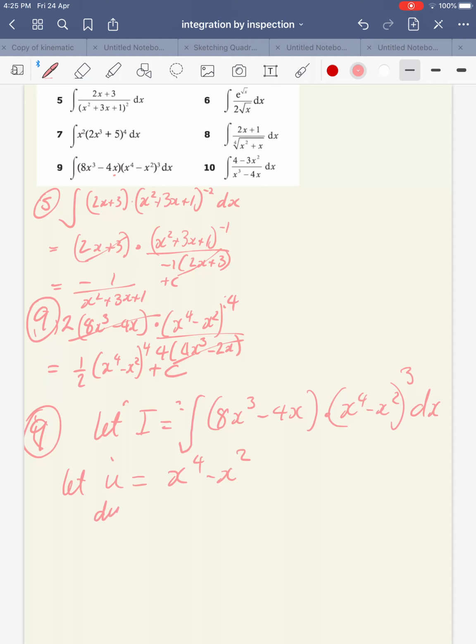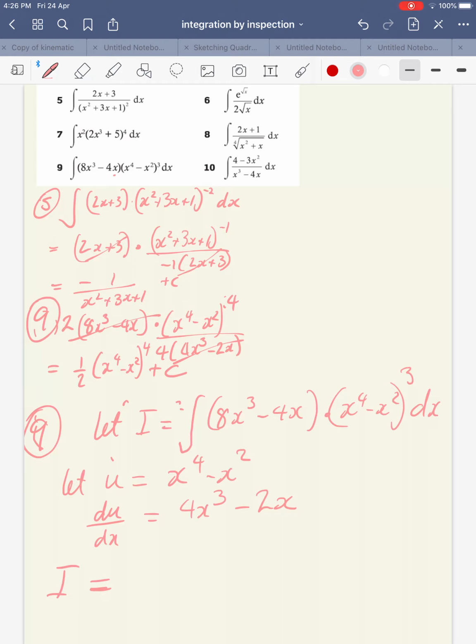Okay, now we're going to differentiate that. du by dx equals 4x cubed minus 2x. Okay, 4x cubed minus 2x. Now here's the thing, we've got to replace everything in terms of x in the original integral and the dx with u's and du's. Okay, so you can do this in a variety of ways. I'm going to write down I here.